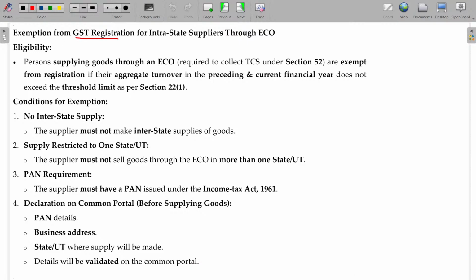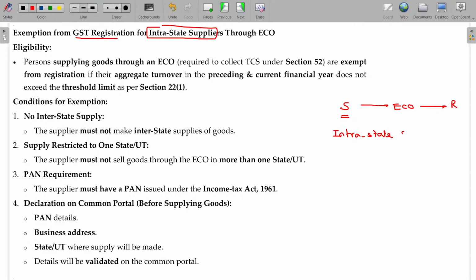Exemption from GST registration for intra-state supplies through ECO. Supplier supplying through ECO to recipient. Usually the supplier should register, provided he can also enjoy the benefit. Okay, what should the supplier do?